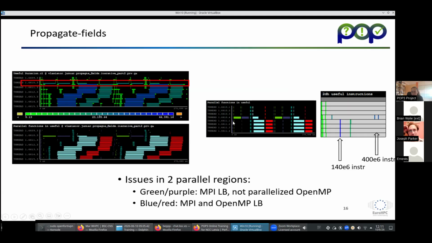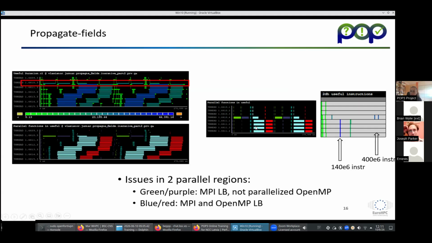This one is not executing the green one. The purple, the same. It's not being executed. There's one process that is executing more than the others. But it's also not parallelized with OpenMP. Not parallelizing it with OpenMP means that we are making the load imbalance even worse, because the threads could help distribute this load, but they are not working either.